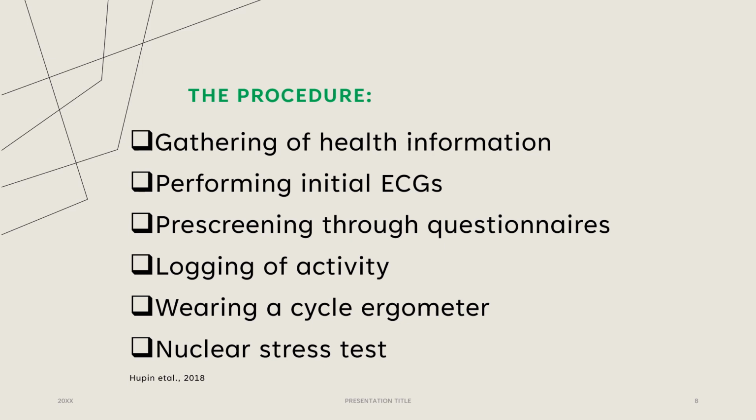The maximal exercise was reached if the participants hit target heart rates. Male would be 220, female would be 210. And if lactate blood levels were greater than or equal to 8 millimoles per liter when measured within 2 and 5 minutes of recovery.